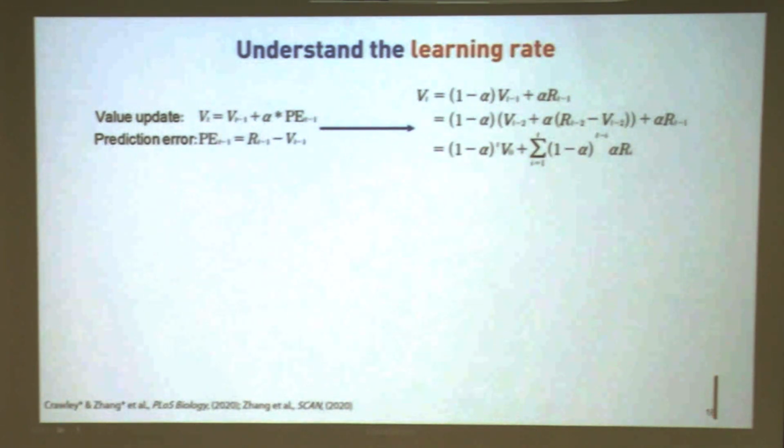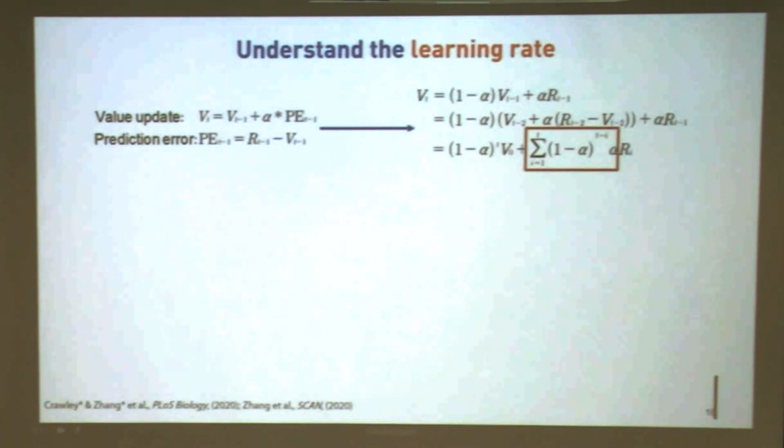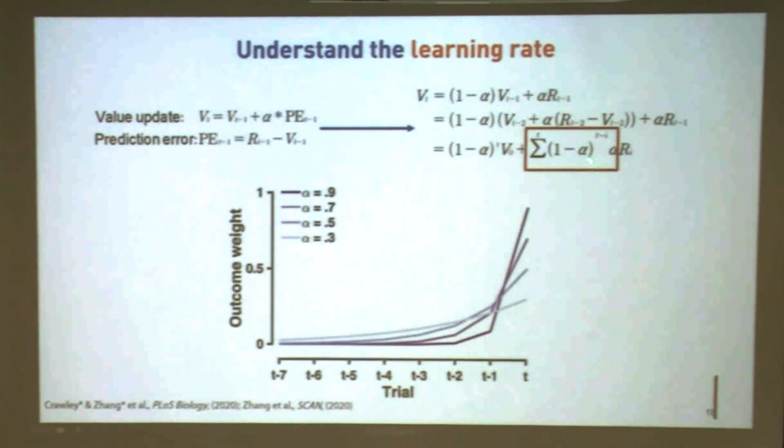And there is an interesting term, and you don't know what that means. The best way to understand something you don't know is to make a plot. So if you plot it, you could see that by changing this learning rate parameter, there are different color-shaded curves.